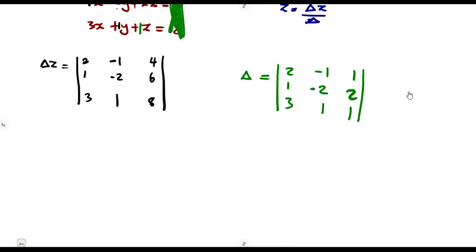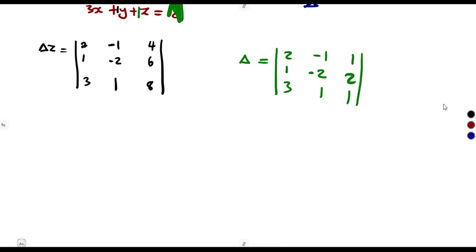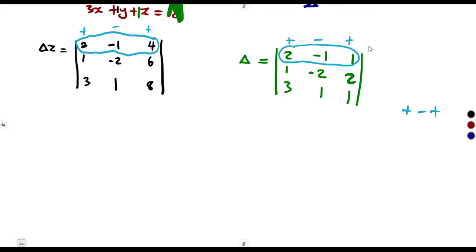Remember your determinants, guys. In this case, I'm going to expand from the first row on top, using the signs plus, minus, plus. You can use any row or any column, but for the sake of revision, just do something easier.